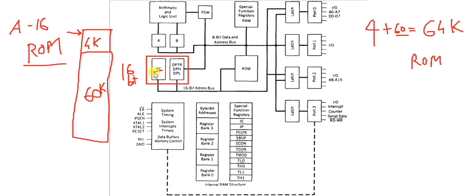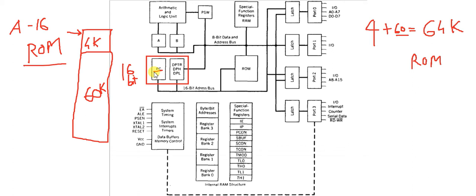Okay, and the address generated for fetching the instructions will be from the program counter. One line statement for the program counter is that the program counter points to the next instruction address to be executed.